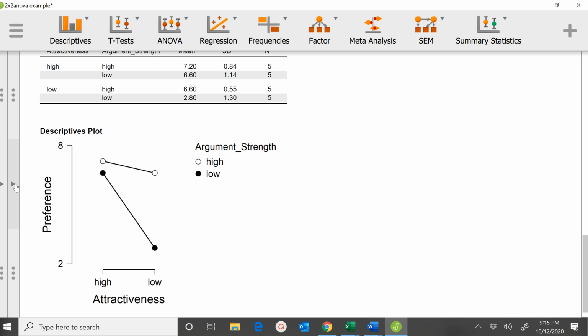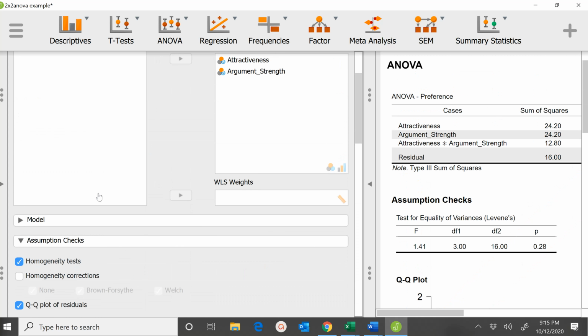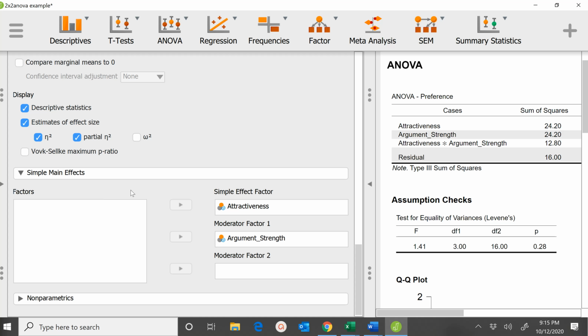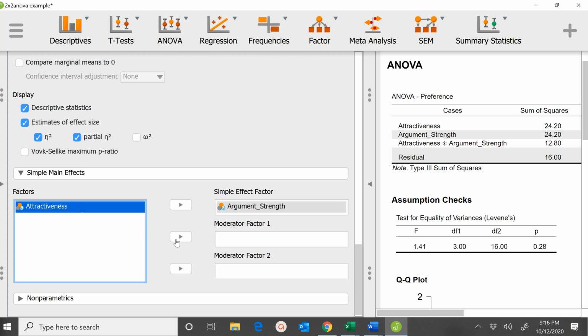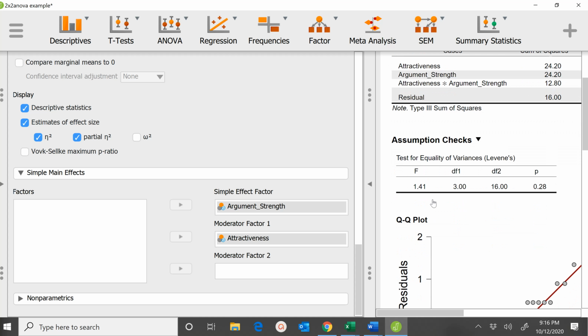So another way we can decompose this interaction, simple effects analysis is probably the best way. And we could look at it the other way as well. Let's go ahead and look at the effect of argument strength within the attractiveness moderator.